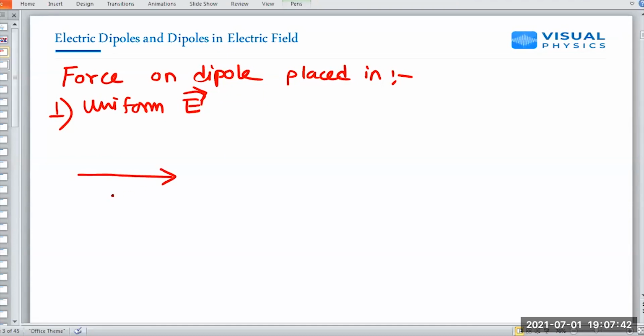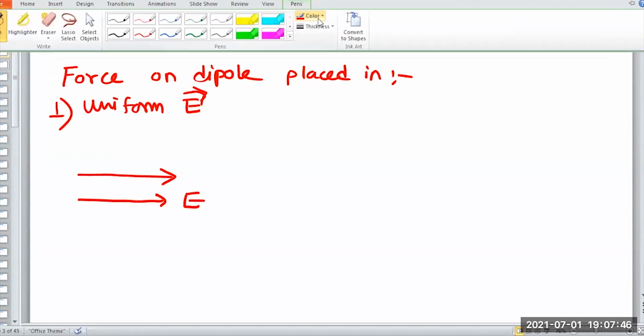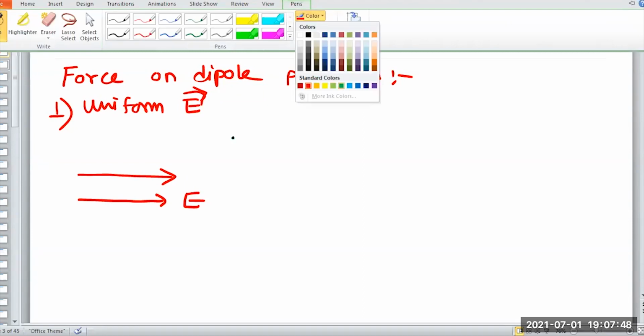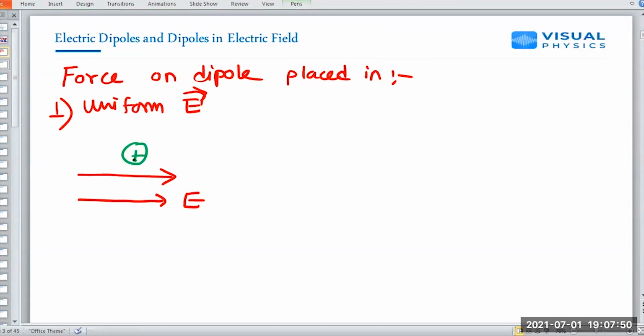If a uniform electric field E is given and a dipole with charges plus Q and minus Q is placed in it, then obviously a force QE is acting in this direction and another force minus QE is acting in this direction.